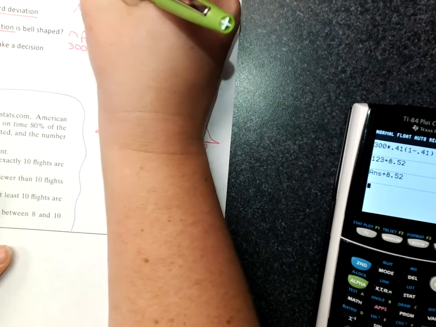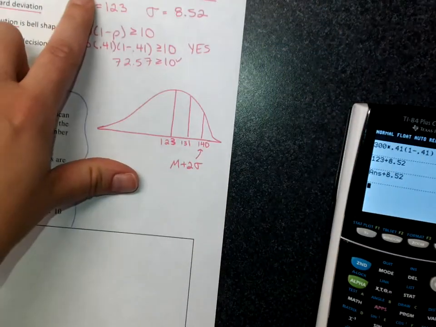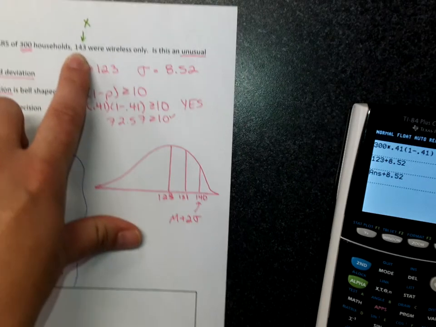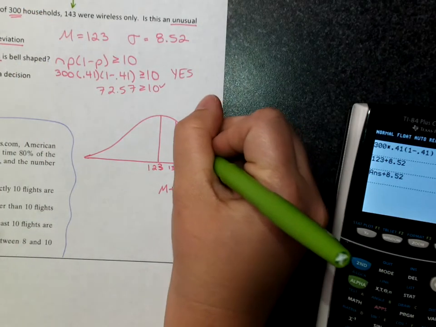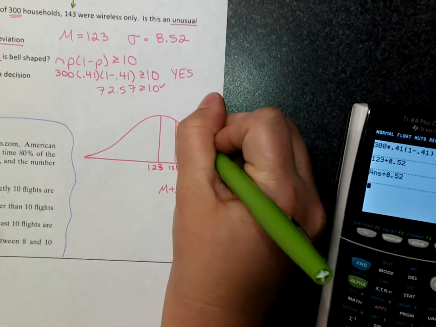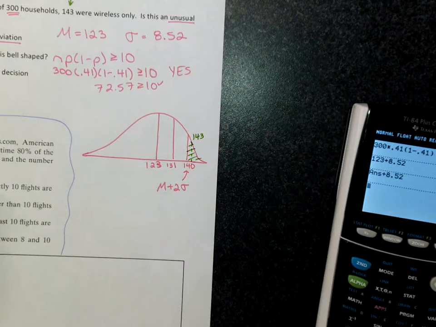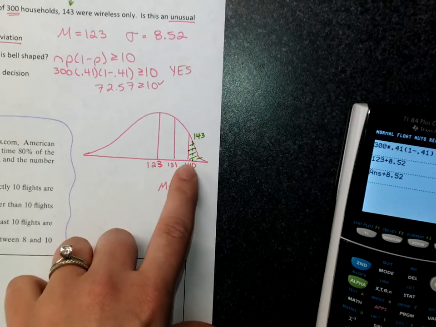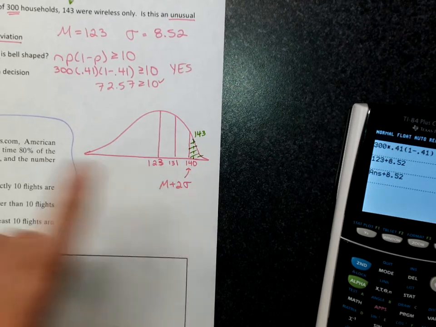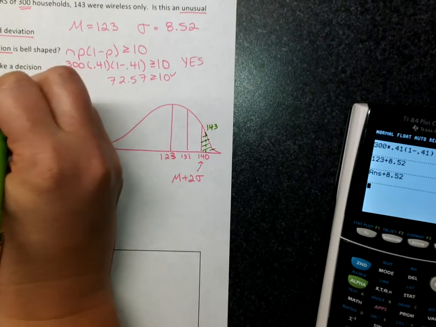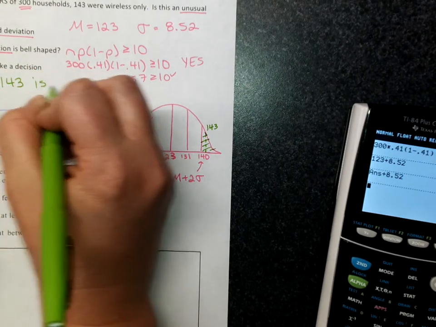So our x value, what we actually observed, was 143. You'll notice that 143 is beyond those 2 standard deviations. So it's in the unusual zone because it's beyond 140. So we can say yes, 143 is unusual.